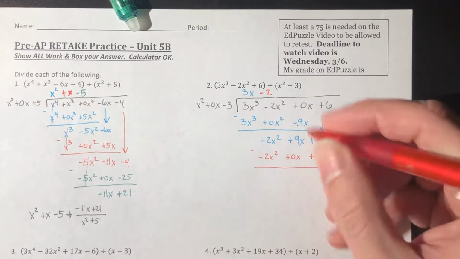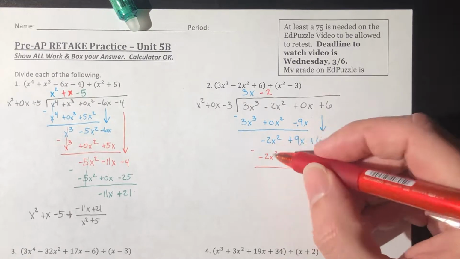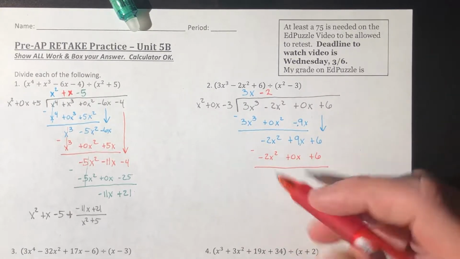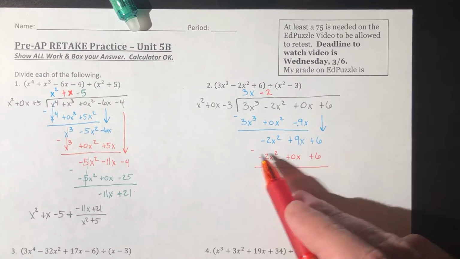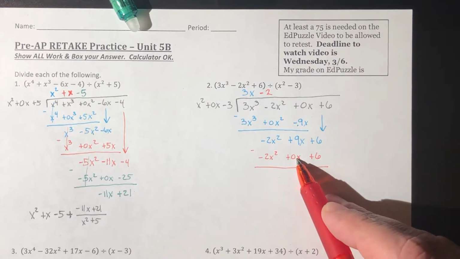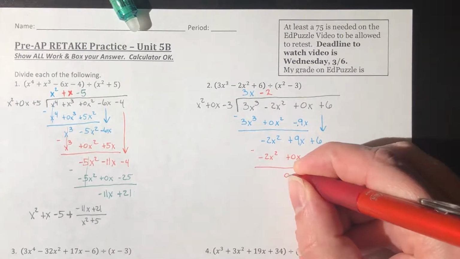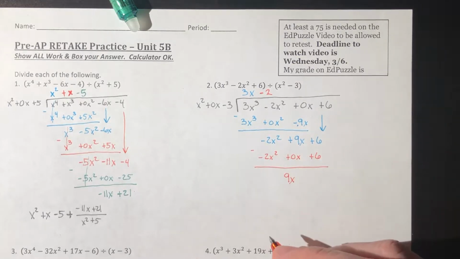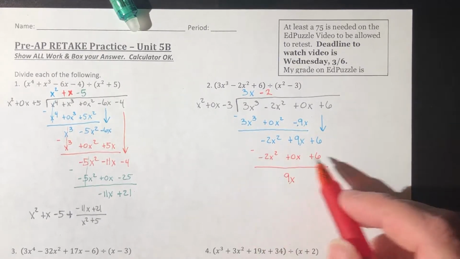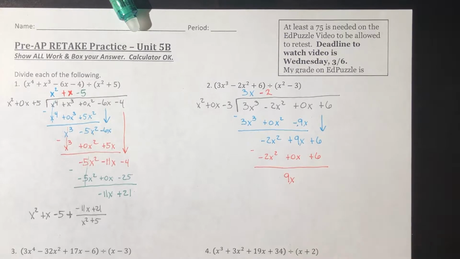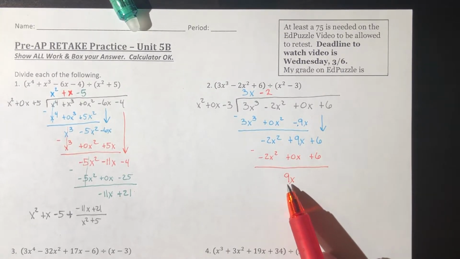Subtracting those, negative 2x squared minus negative 2x squared cancel. 9x minus 0x still has me with 9x. And then 6 minus 6 cancels to give me 0. So here, my remainder is just 9x.